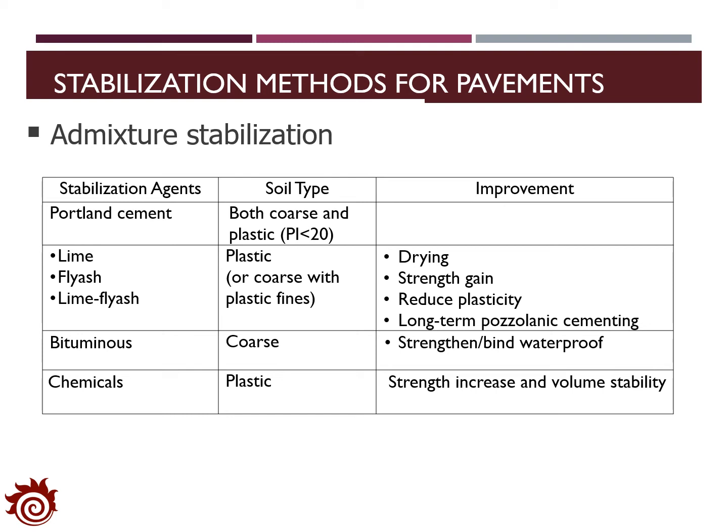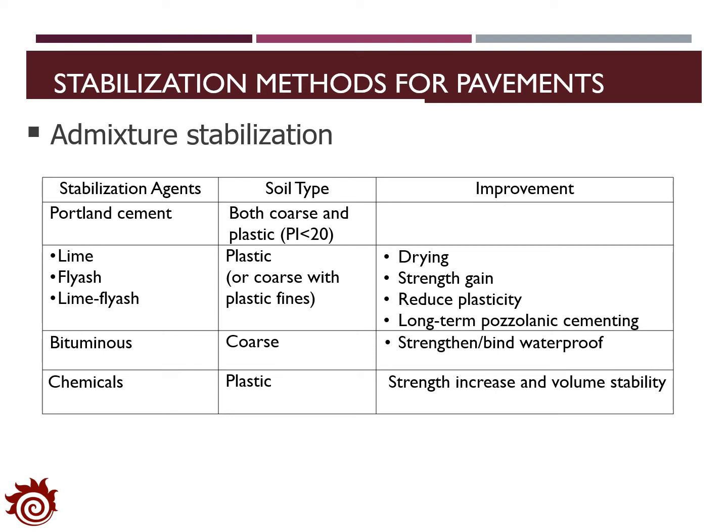The second type of agent is lime or lime fly ash. They are usually applied for plastic soil or coarse soil with plastic fines. This kind of agent is able to improve the strength of the soil and reduce the moisture content and the plasticity of them.